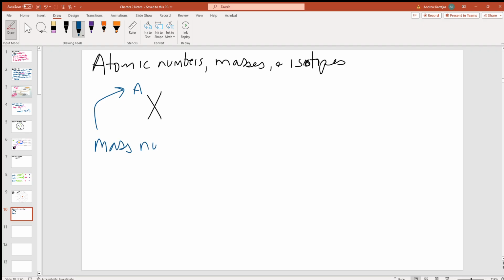This is known as the mass number, and it's the number of protons plus the number of neutrons.